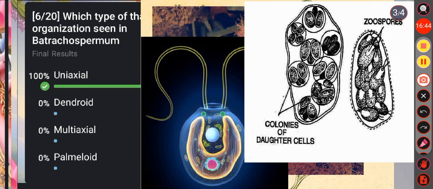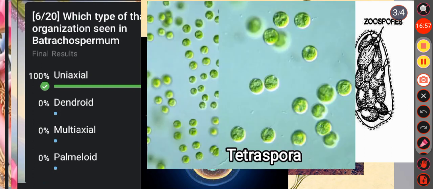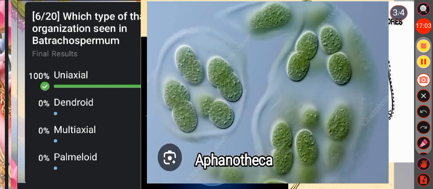For example, in Chlamydomonas, a temporary phase of palmelloid stage is present during their asexual reproduction when the conditions are unfavorable. And the palmelloid form of thallus organization is the permanent feature in Tetraspora and in Aphanotheca.